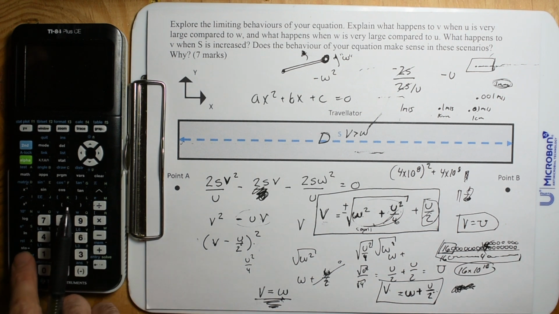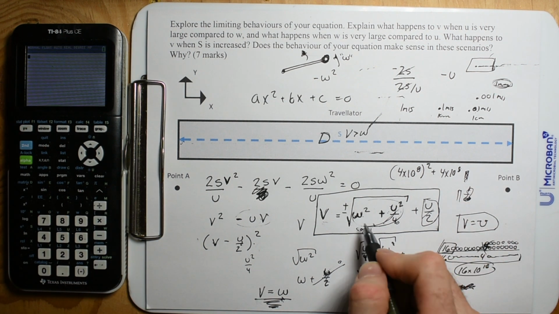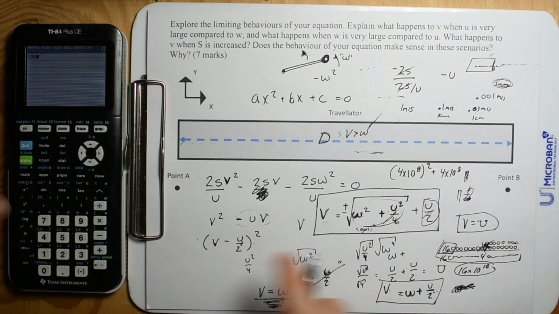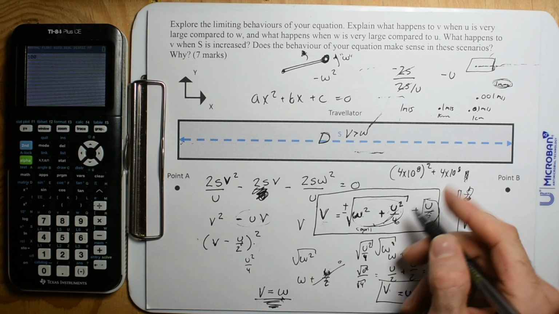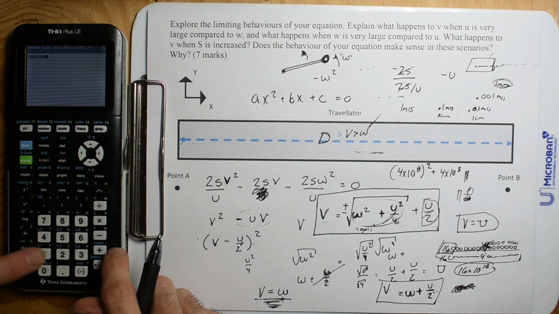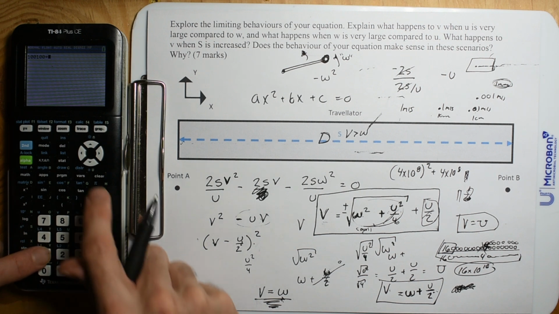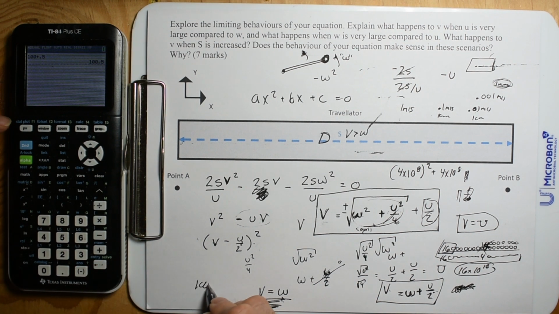Yeah, and let's run a scenario where the travelator's speed is 100 and the group speed is 1. And then what I'm saying is that Malachi's speed will be 100 plus 0.5, and Malachi's speed will be 100.5.